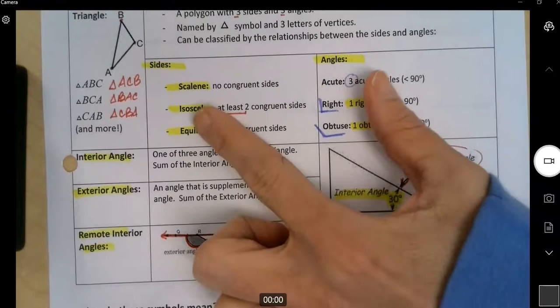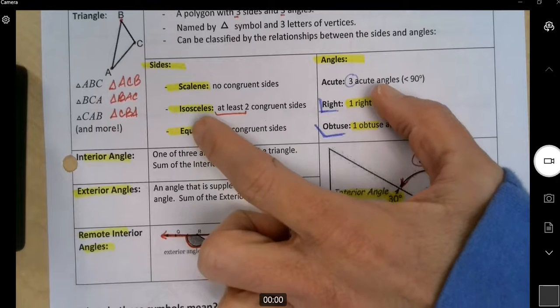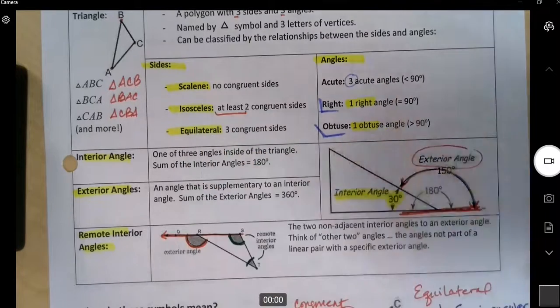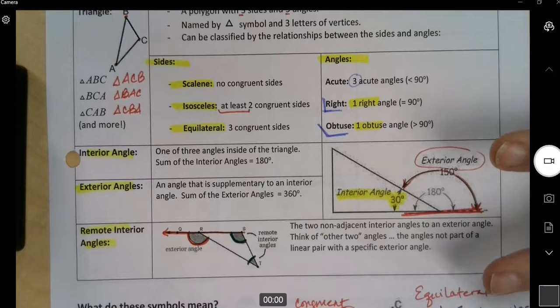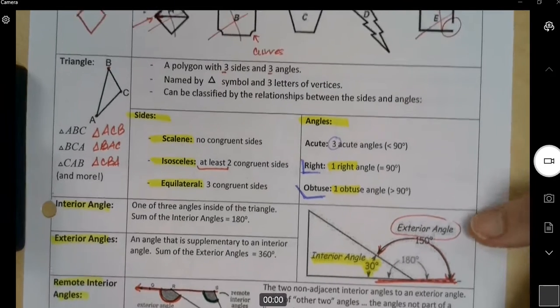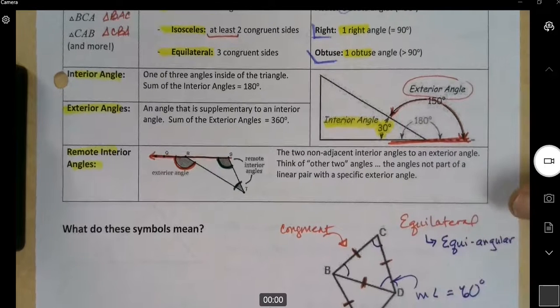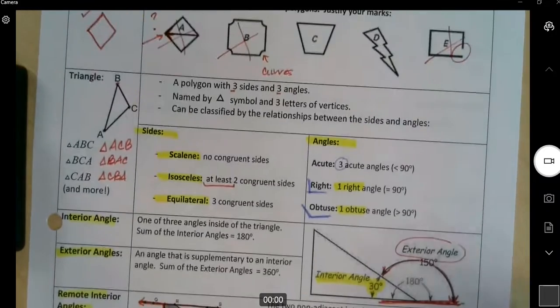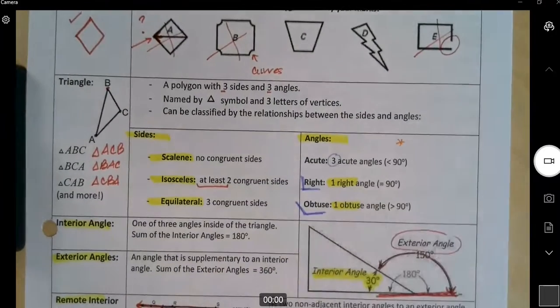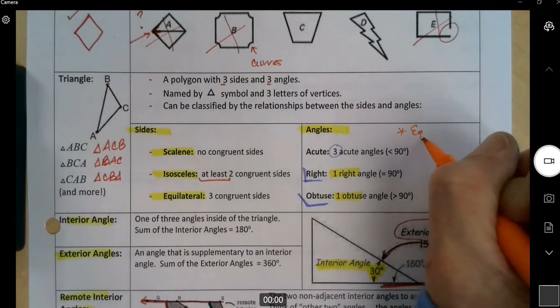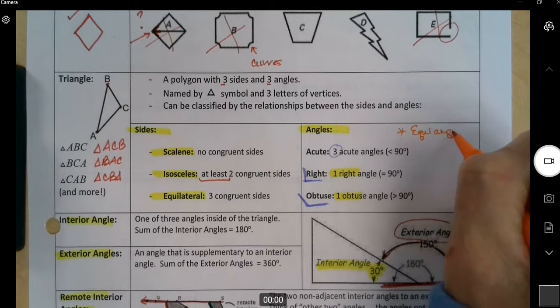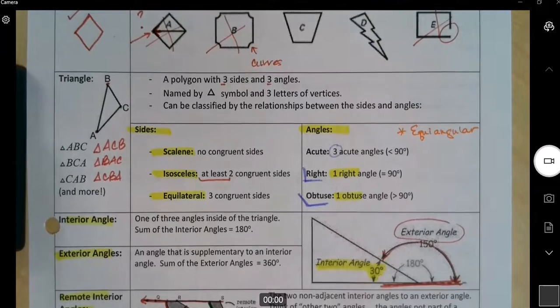When it comes to classifying, you have to pick one from each box. If any of these words are new to you, that's the one that you want to make sure you get. Forrest says, I want to make sure I remember this equiangular. That's not up here. So maybe when we talk about these acute triangles, Forrest wants to go ahead and add that word up here, equiangular, to make sure that that works.